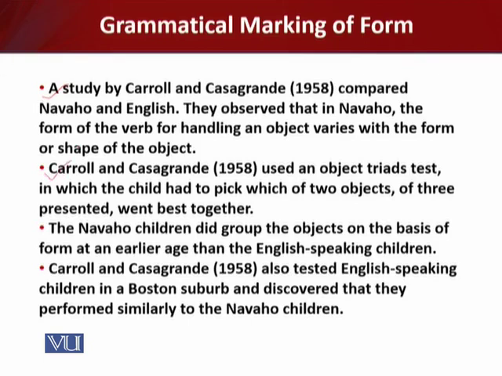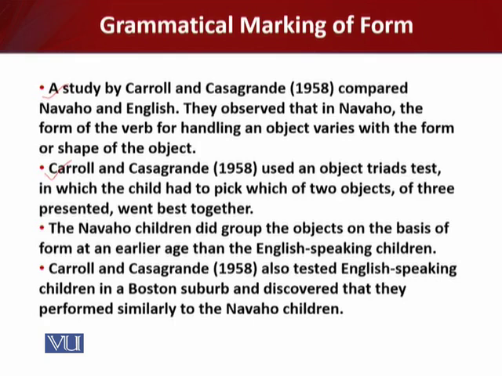They used an object triad test in which the child had to pick which two of three presented objects went best together. For example, a child might be presented with a yellow stick and a piece of blue rope of comparable size. The child would then be shown a yellow rope and asked with which of the first two it went best.